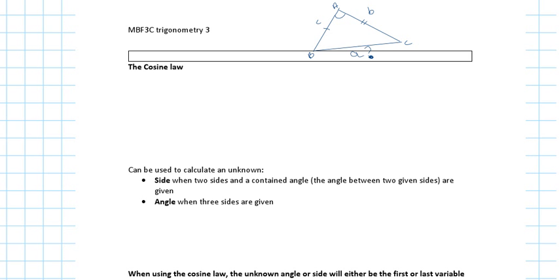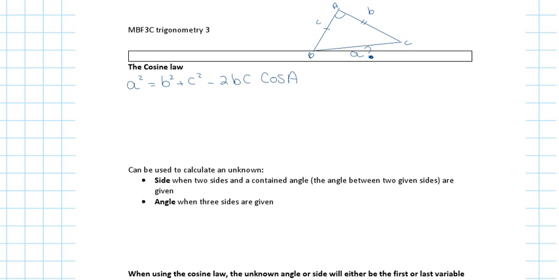And the formula is the following. Because I'm looking for side A, it will be A squared equals B squared plus C squared, because I know both B and C, minus 2BC cosine angle A. And that's why it's called the cosine law, because we use a cosine formula in there.